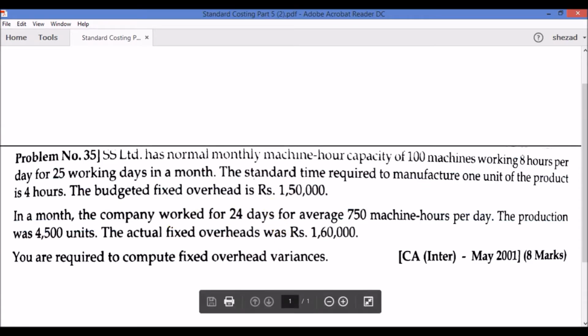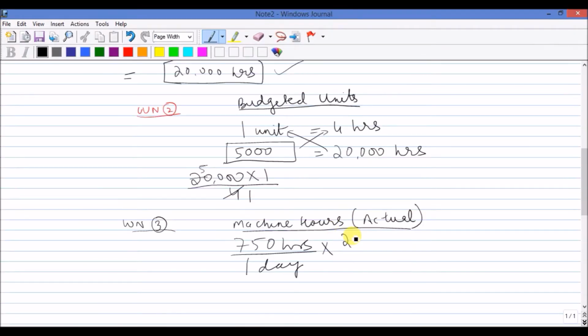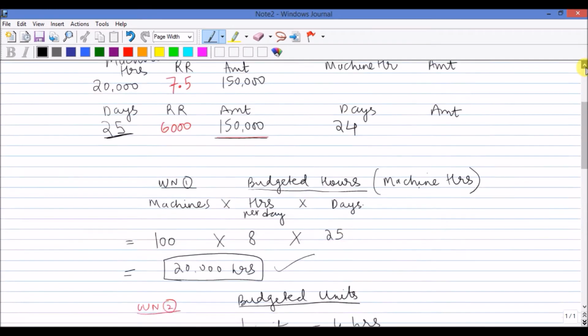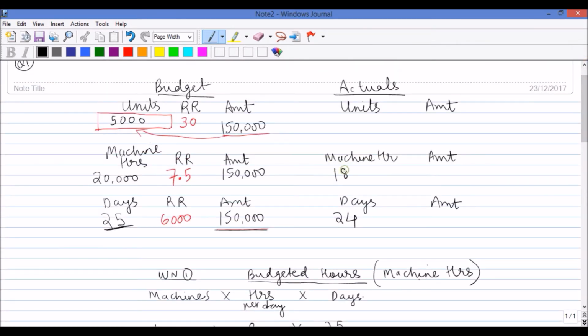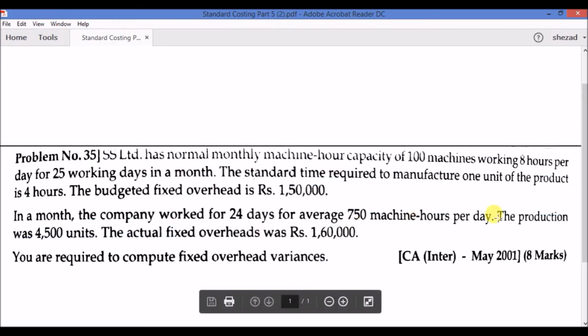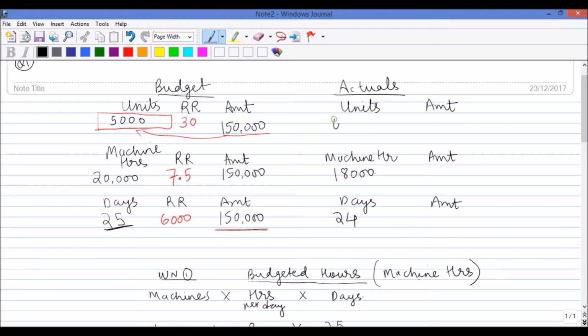So 24 days. So in actual 24 days, how many machine hours would there be? So 750 into 24 is going to give me 18,000 machine hours. Okay, and the production was 4,500 units.